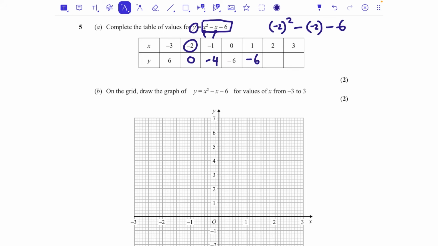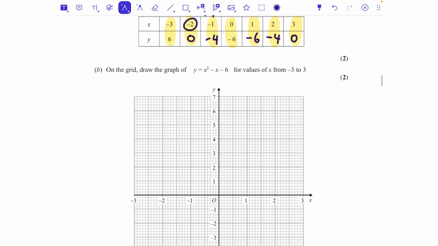I'm going to go back, change both the numbers in those brackets to be 2, and that is minus 4. And then last but not least, going back to both of those brackets and just changing them to be 3, and that gives us 0. We've now got 1, 2, 3, 4, 5, 6, 7 coordinates to plot on our graph.